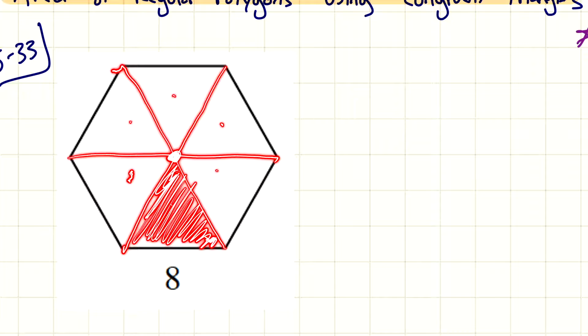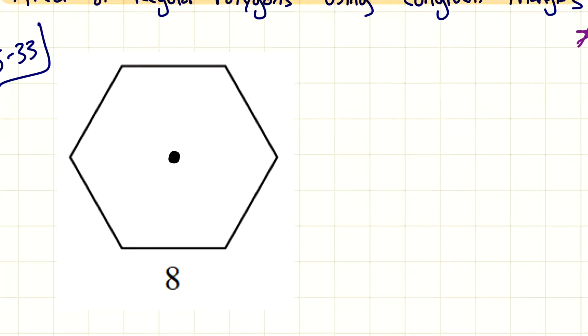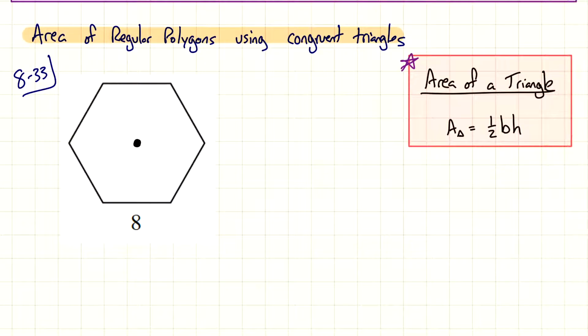All right, so now what we've just done is we've taken this hexagon problem and turned it into a triangle problem. So let's get started on that approach. So I'm going to add in some specific lines here.